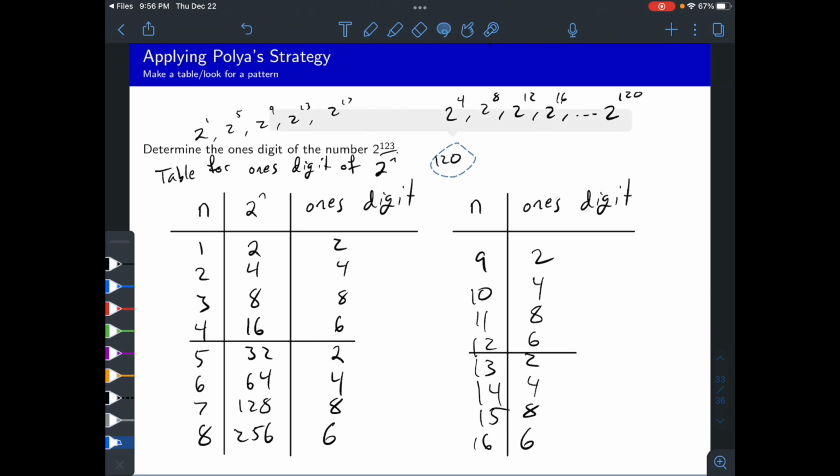And what would the ones digit be for that? Well, the ones digit for 2 to the 4 is 6. So these numbers would all have a ones digit of 6. And then I could just count off from here. 121, 122, and then 123.